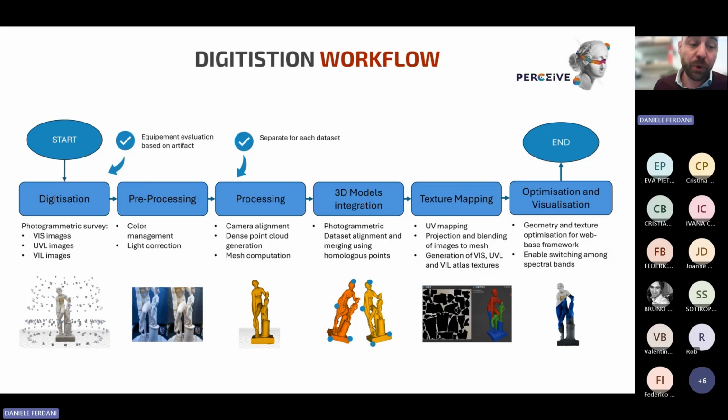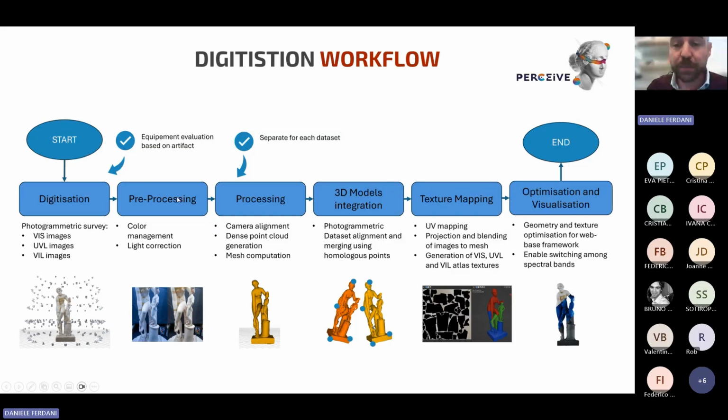This process includes different steps: digitization using photogrammetry, photogrammetric computation, integration of different photogrammetric data sets, so not only visible imaging, but also spectral data sets like UVL and VIL.